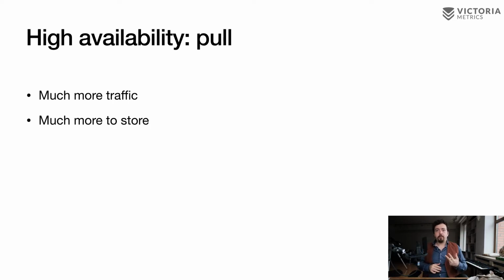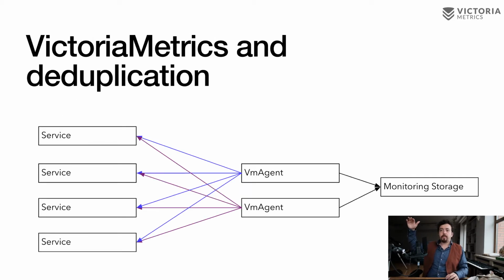If you have 2 nodes, and if you have 3 nodes, it's three times more network traffic, and you need to store all this data 3 times in 3 different monitorings. Or if you use some specific storage, you need to store it 3 times.